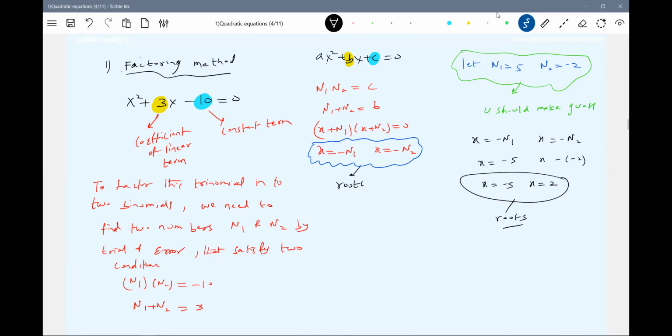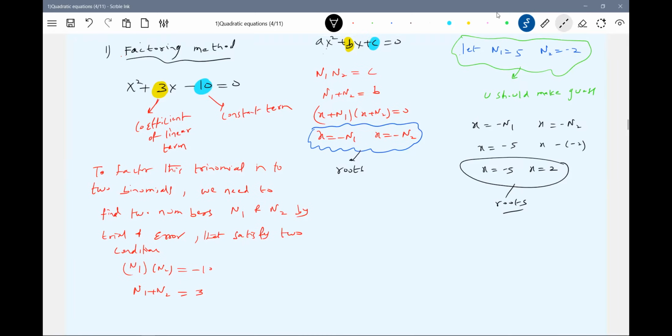Will you show that curve so that we will understand what actually we are learning? So this will be x square plus 3x minus 10. Okay, the curve is what I'm trying to show.